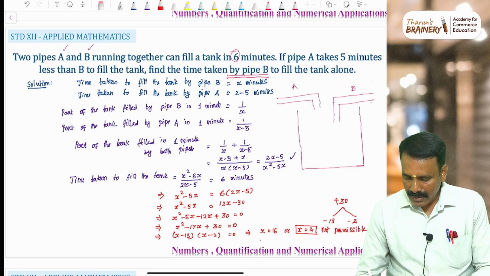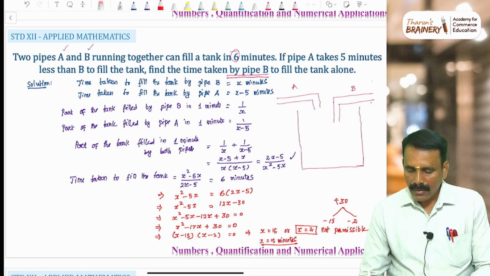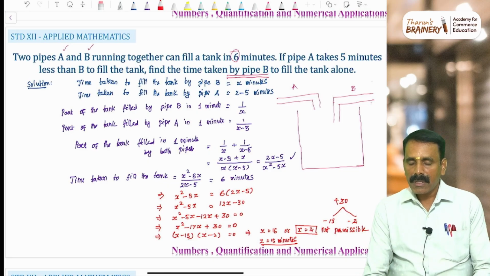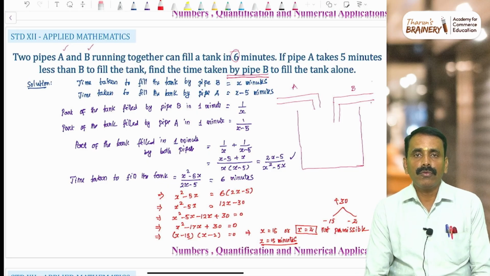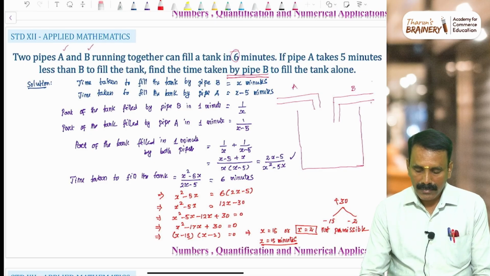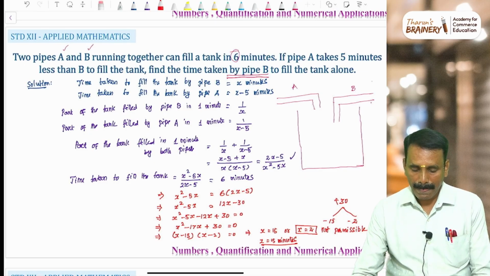So our answer is x = 15 minutes. So pipe B takes 15 minutes to fill the tank individually. Is it clear, students?